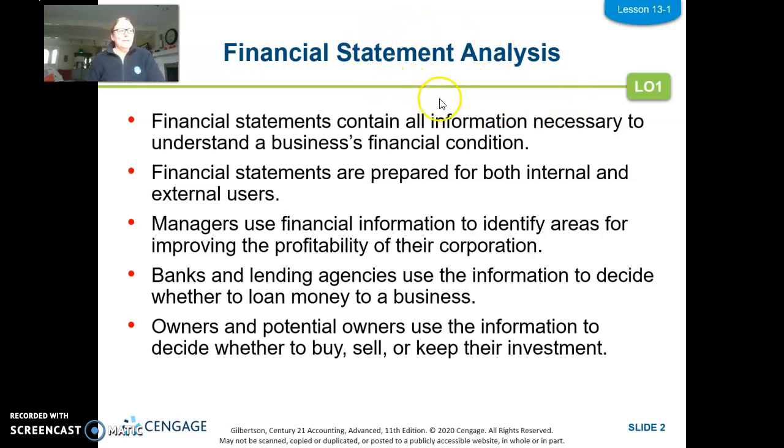That's going to be important when we're analyzing. But back to this first comment, financial statements contain all the necessary information. The concept that I would want to know about is known as full disclosure. So I have to tell everything that's needed for someone that's using these financial statements to understand them.